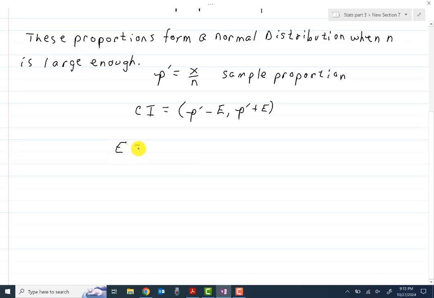Here, the error is going to be the z-value times sigma over the square root of n. This turns out to be z times the square root of p prime times 1 minus p prime all over n.